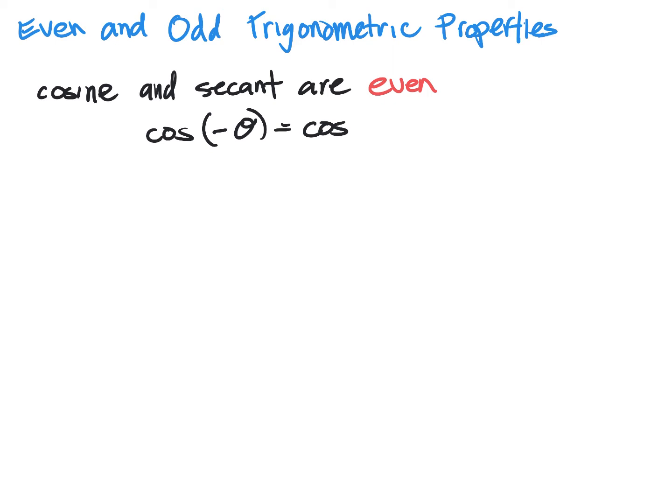So cosine of negative theta is just going to be cosine of theta, and similarly, secant of negative theta is the same as secant of theta.